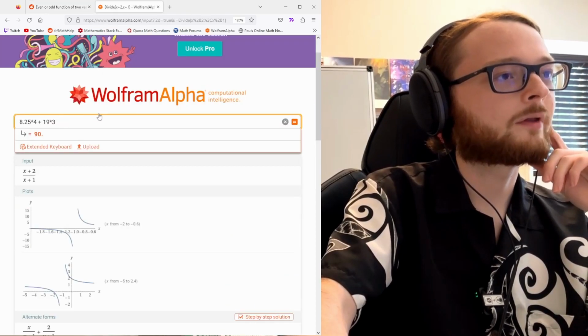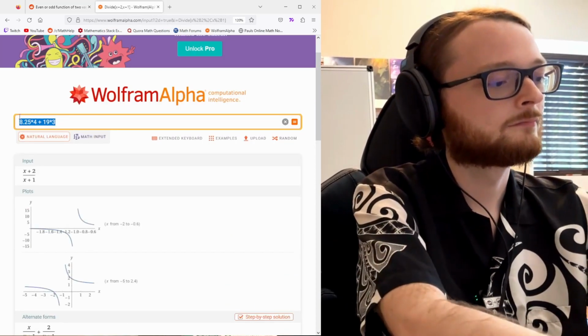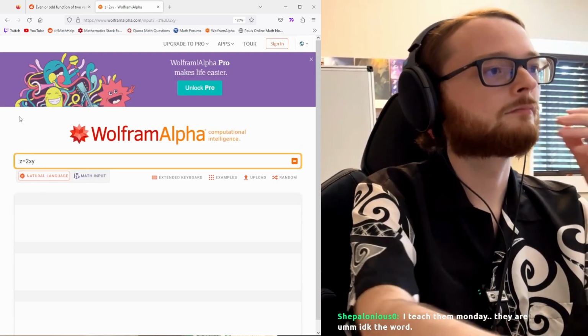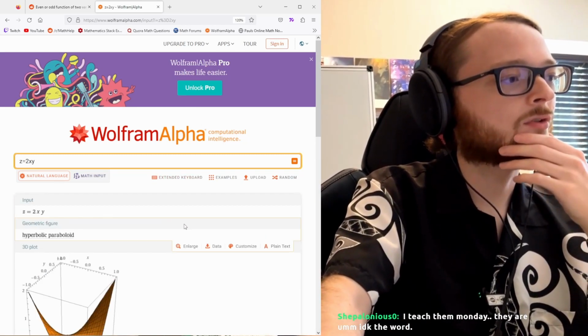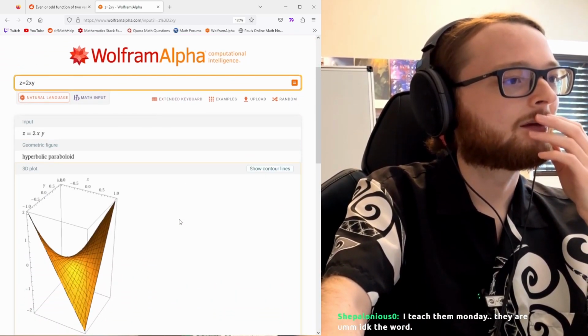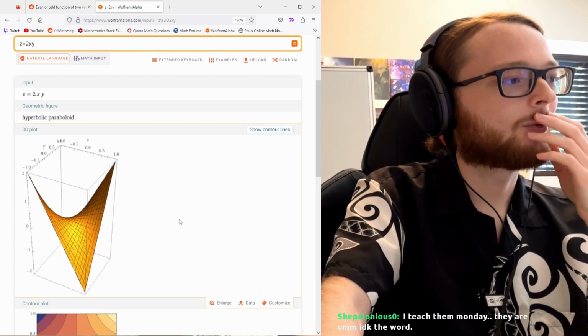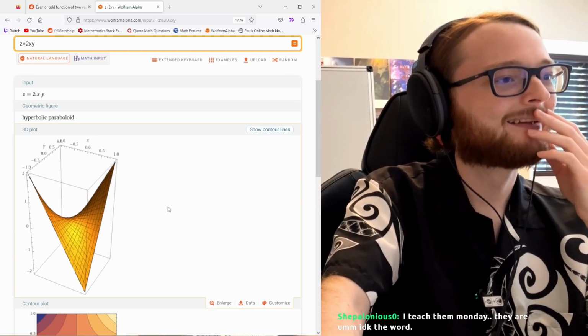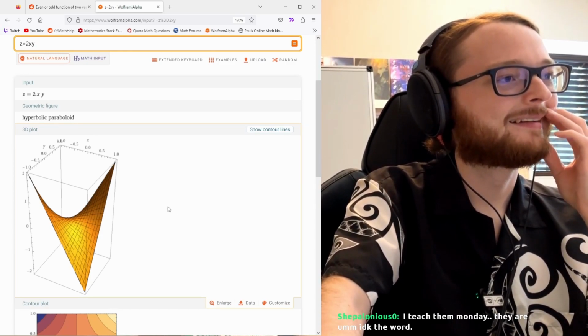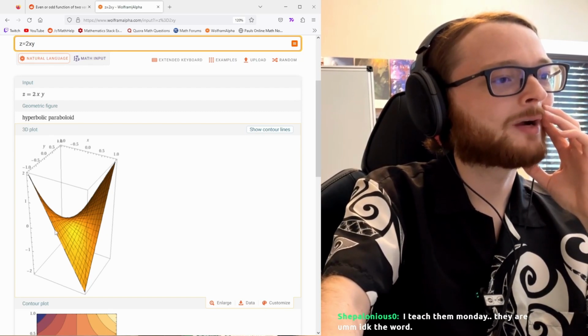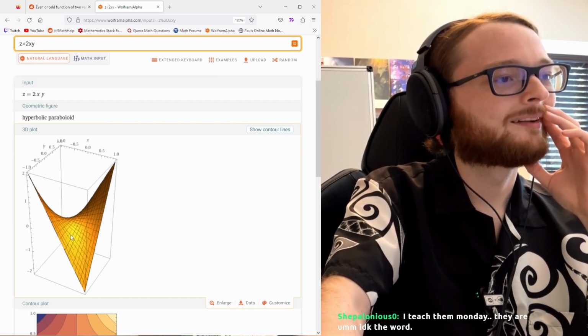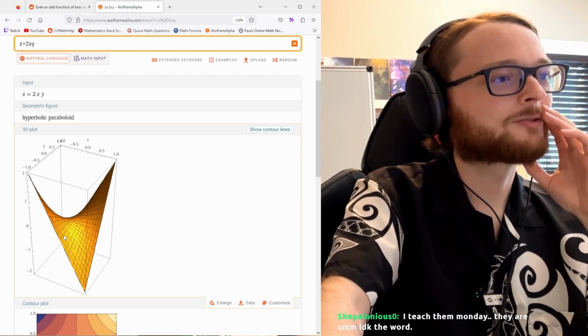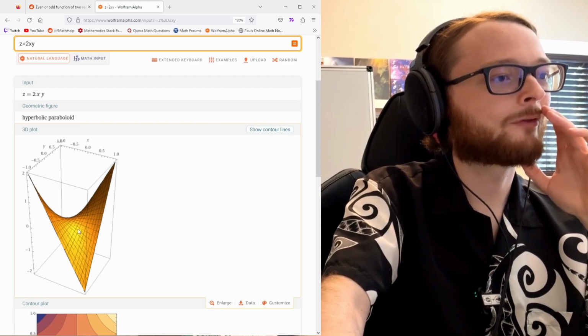What does that look like? Oh, hyperbolic paraboloid. Okay. So I can see how it would be symmetric. The origin is in the center of this cube.